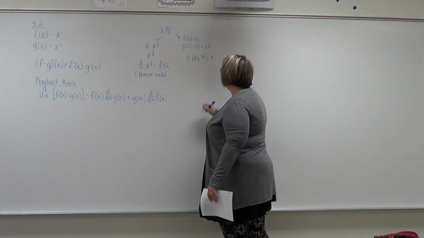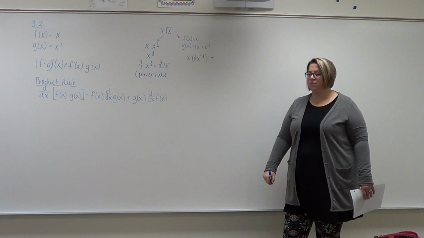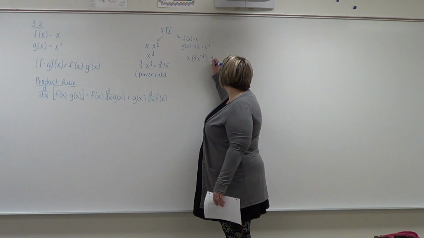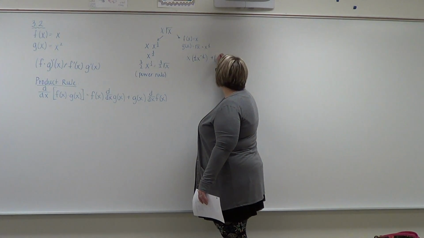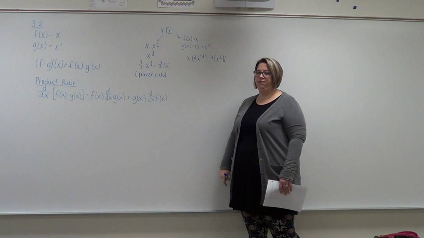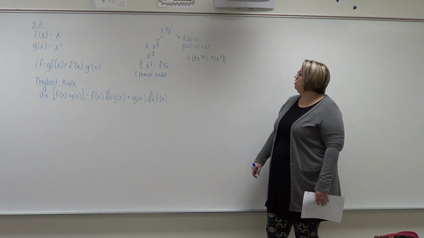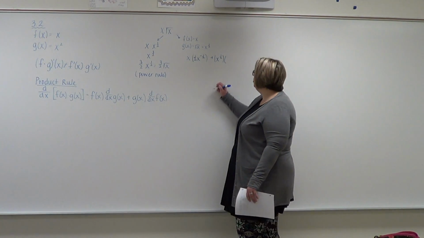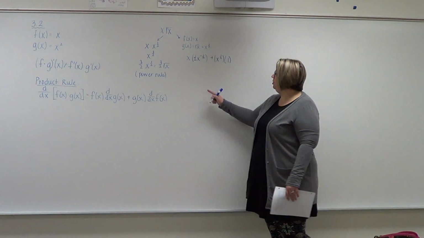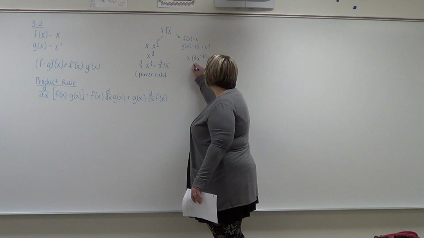Plus, then the second part says I take g, so g is x to the half, times the derivative of f. Well, the derivative of f would just be 1. So this would have been a half.